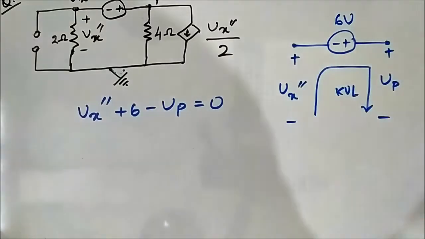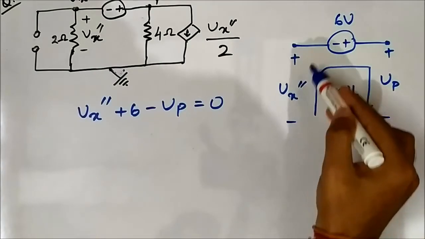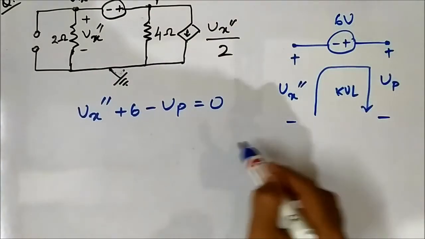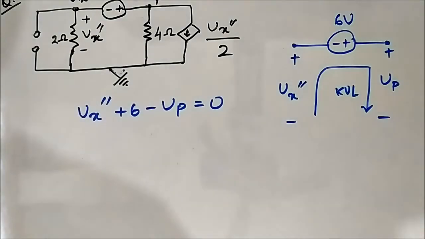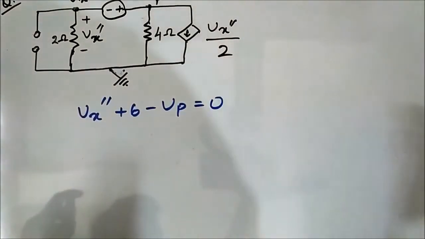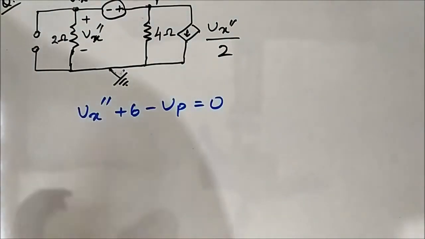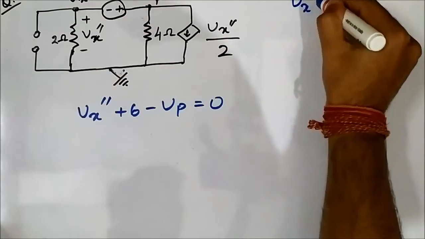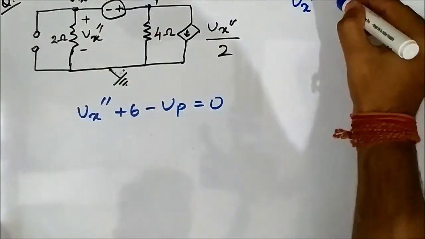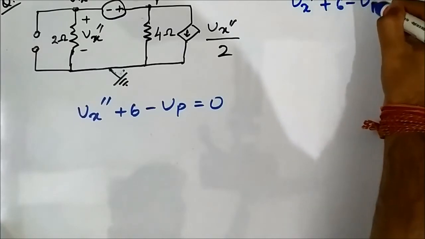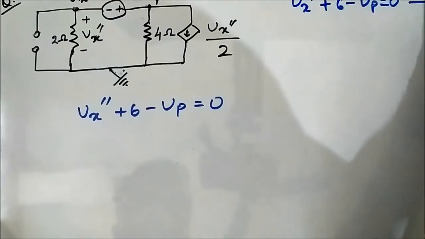So the KVL equation is Vx double dash plus 6 volt minus Vp is equal to 0. Okay, so this is the important equation. Let us write it here because we require this space to solve the nodal equation. This is the first equation.